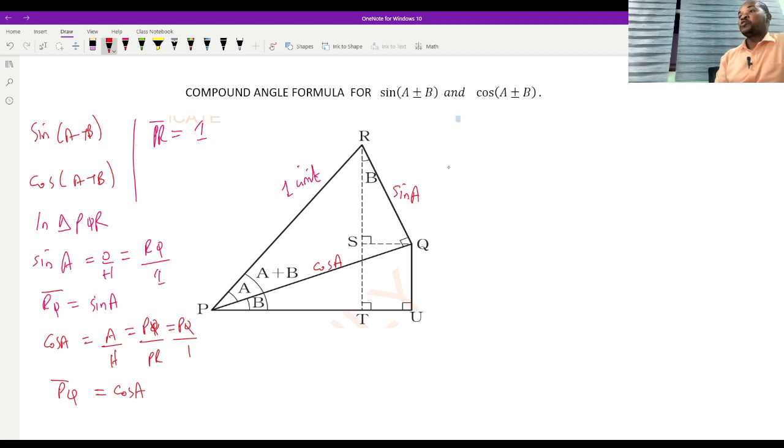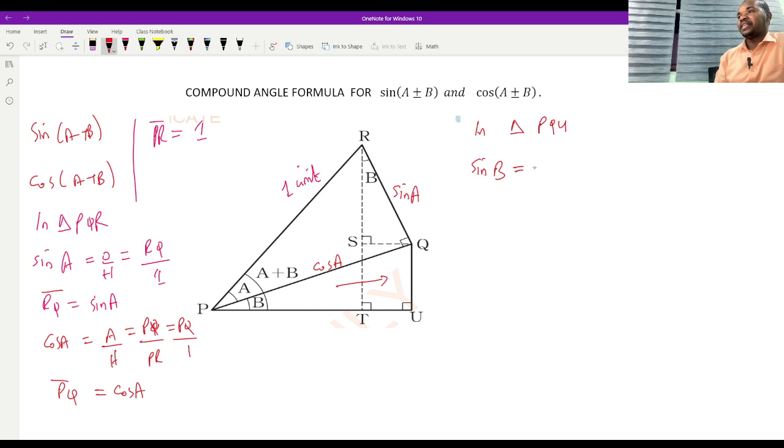Again, coming to triangle PQU, I can say that in triangle PQU, sine B will be again opposite side over hypotenuse.